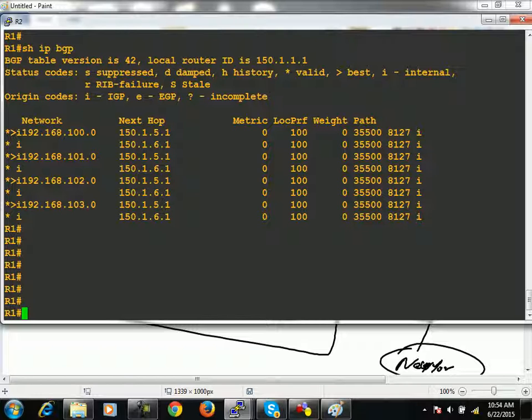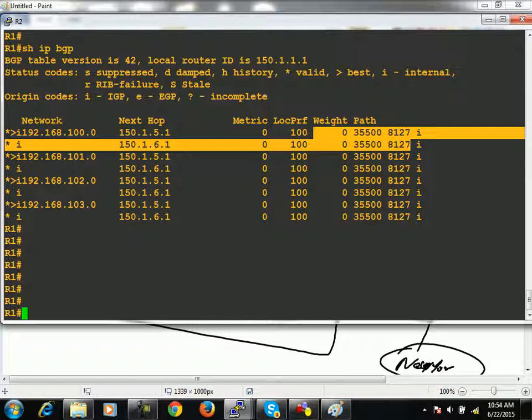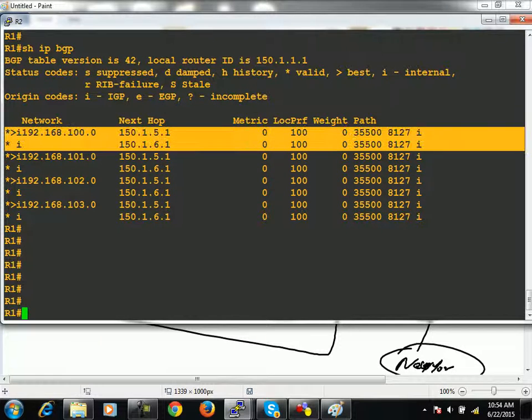As I told you, first of all it will check its weight, and for all received prefixes, by default, its weight will always be 0. So via R5 as well as via R6, its weight is the same, you can see here. So based on weight, it is not going to decide its best path now. After weight, it was local preference.